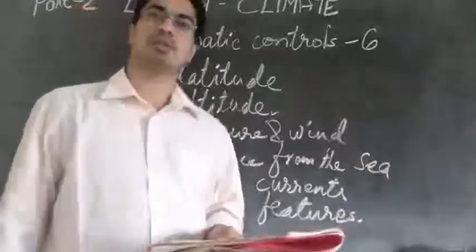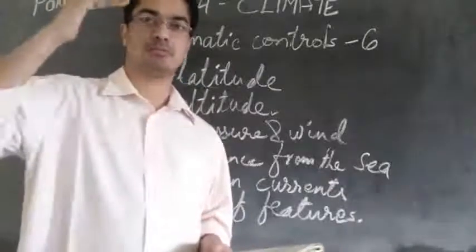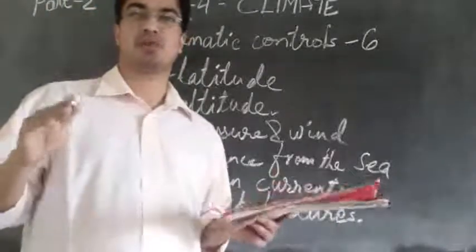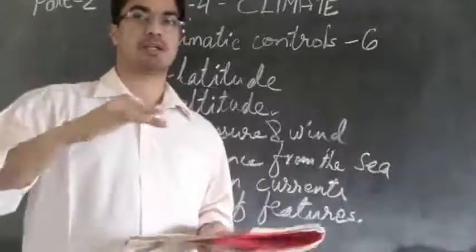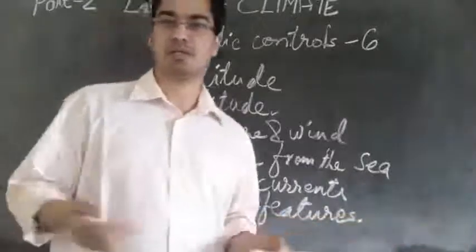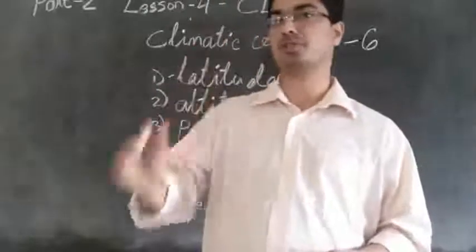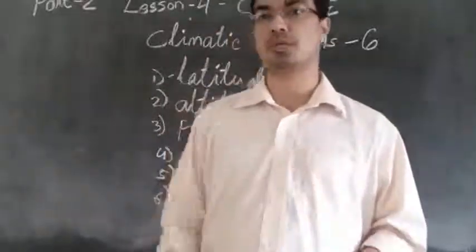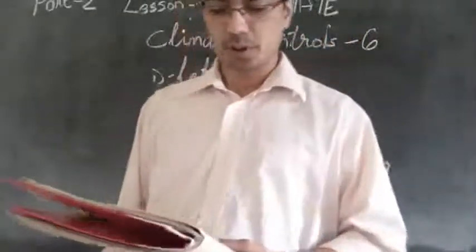For example, in the Himalayan mountains the temperature is low. That's why it is always covered with ice. If the temperature were high, all the ice would have melted very fast. But it is remaining there because the temperature on top of the mountain is lower than that of the valley.